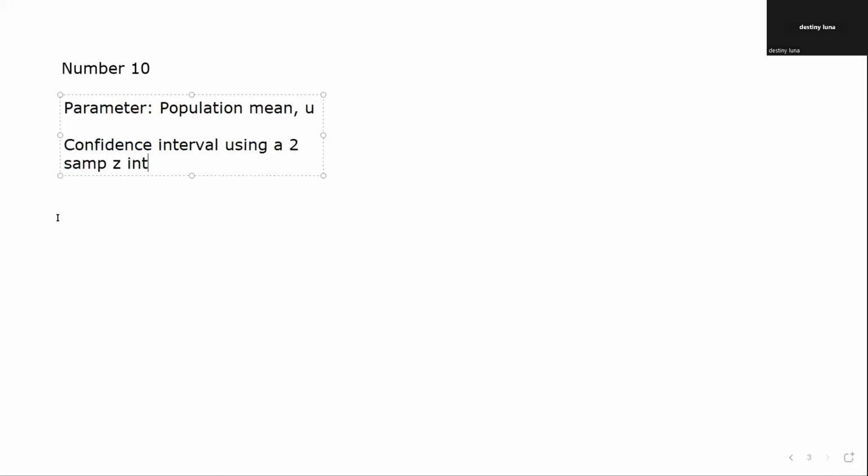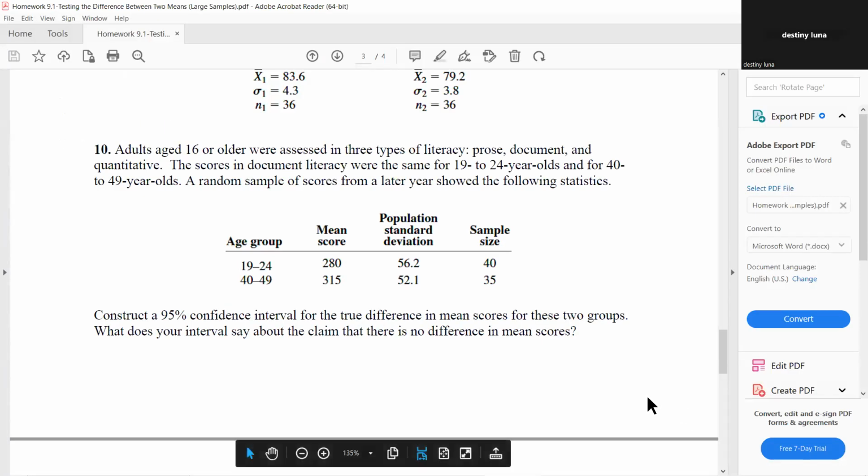So what we're going to do here is go back to the homework first and grab the numbers because I need them. So my age group of 19 to 24-year-olds, group 1 is group 1 here.